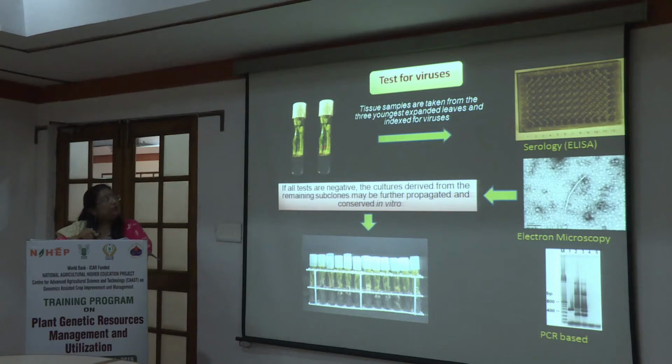The leaf samples taken from here are tested using normally 3 methods now: serological methods using ELISA, electron microscopy, by actual visualization, and also now PCR-based diagnostics for particular viruses which are known in a crop. Once it is ensured that none of the economically important viruses are present in our explant, then these cultures are multiplied and put in conservation.